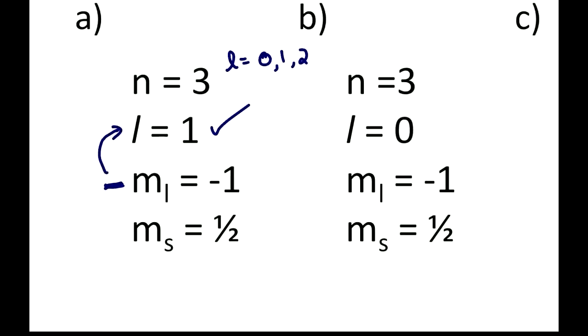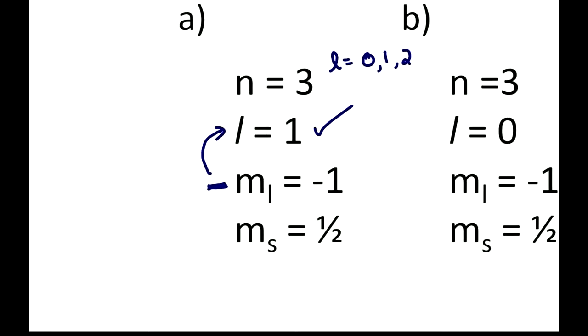So given this L value, think to yourself, what are the possible M sub L's we can have? It would be -1, 0, +1, because L equals 1 here. And we see that is an allowed M sub L, an allowed orientation.